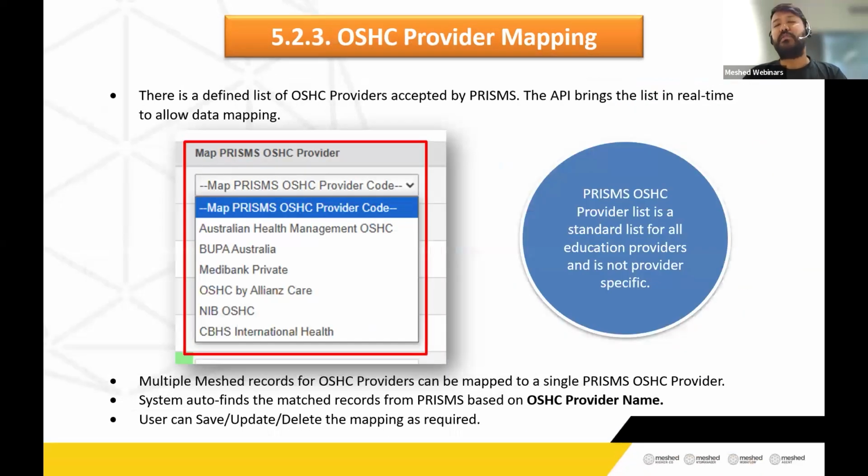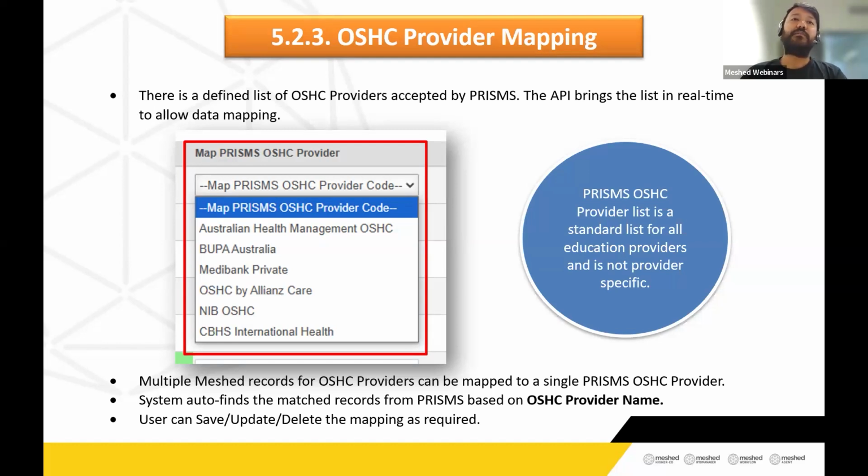The next one is OSHC provider. PRISMS has a defined list of OSHC providers, which includes Australian Health Management, Bupa, Medibank, OSHC Alliance, NIB, and CBHS International Health. Apart from that, if you have any other insurance providers in the MIST platform, then you need to map these with PRISMS as well based on this list.